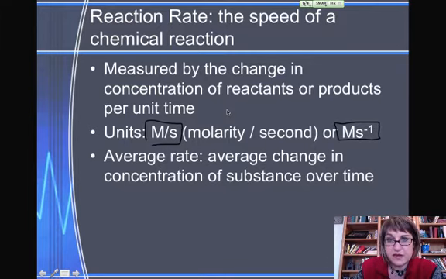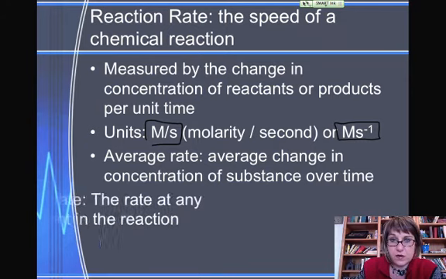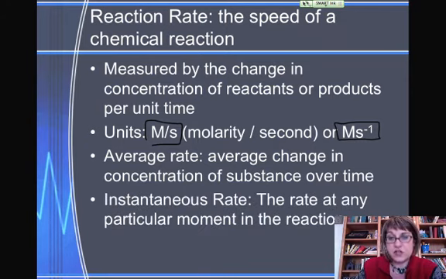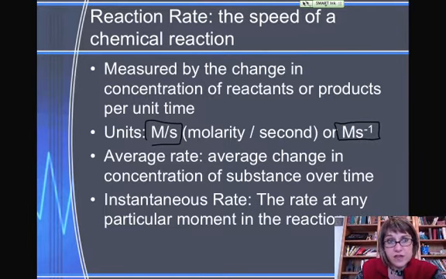So the average rate, just like in physics, describes the average change over time. Here it's the change in the concentration of a substance over time on average, but instantaneous rate is not the same. It could be the rate at any particular moment in the reaction, and of course most reactions are going to be faster in the beginning and then slow down as you approach equilibrium.